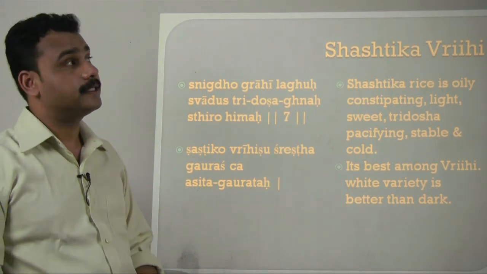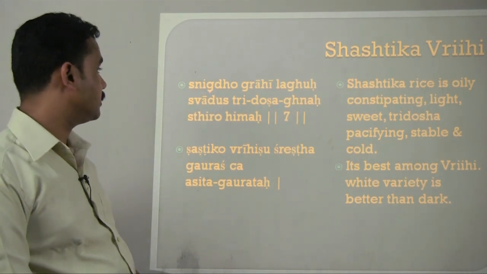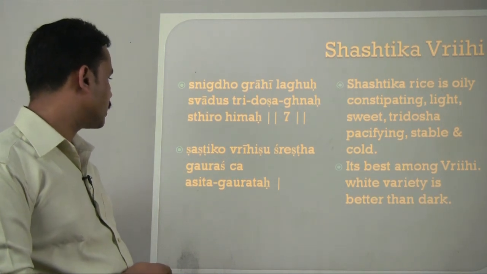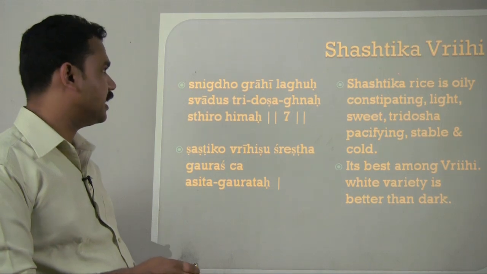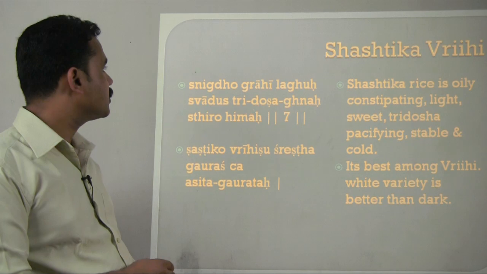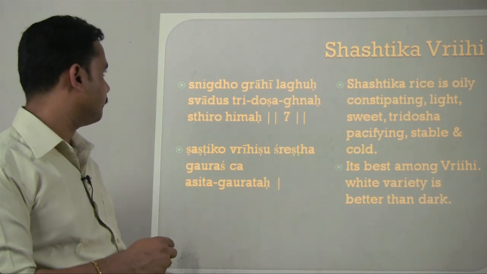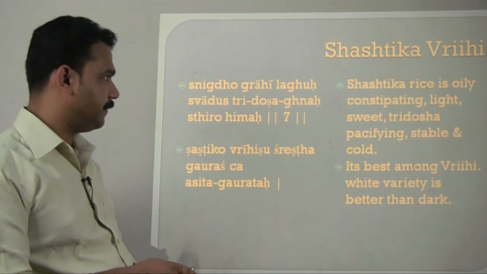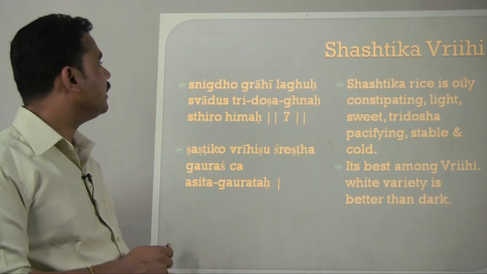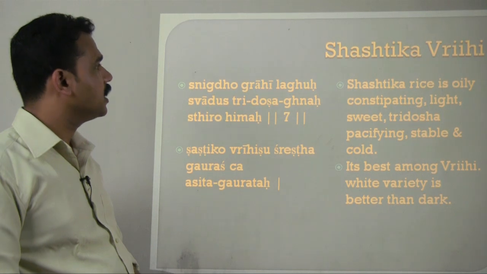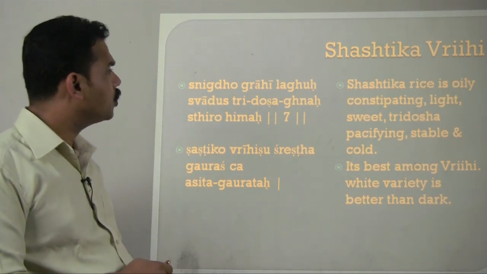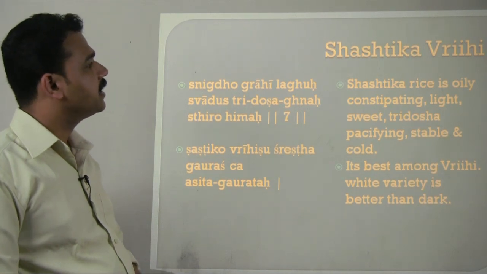Let us look at what that means. The sutra is speaking about Shashtika rice, the Shashtika variety of rice, and that is Snigdha, that is oily, it is not dry, and it is Grahi, it is constipating, and Laghu, it is light.